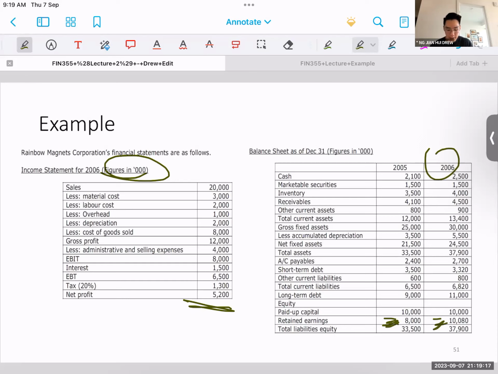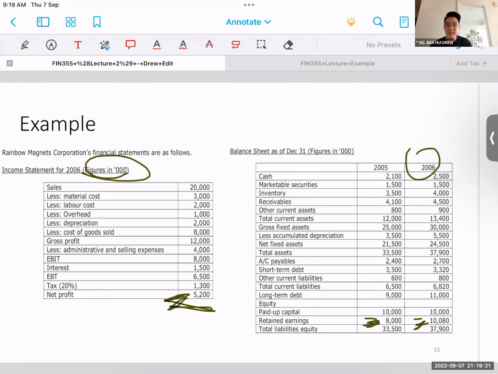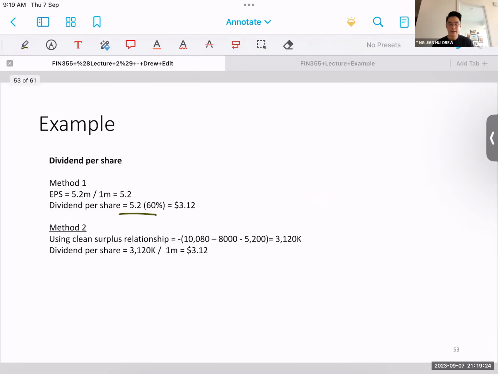We are given the profit here, so we can back out the dividends, and we find that the dividends distributed is this. So dividends distributed divided by the number of shares will give you the dividends per share.